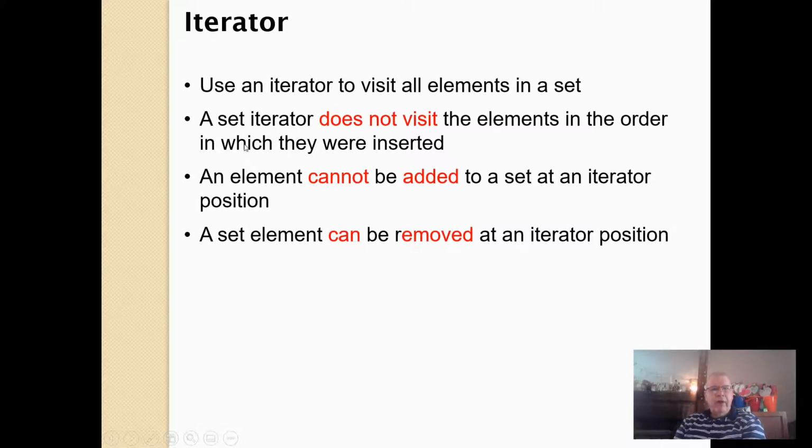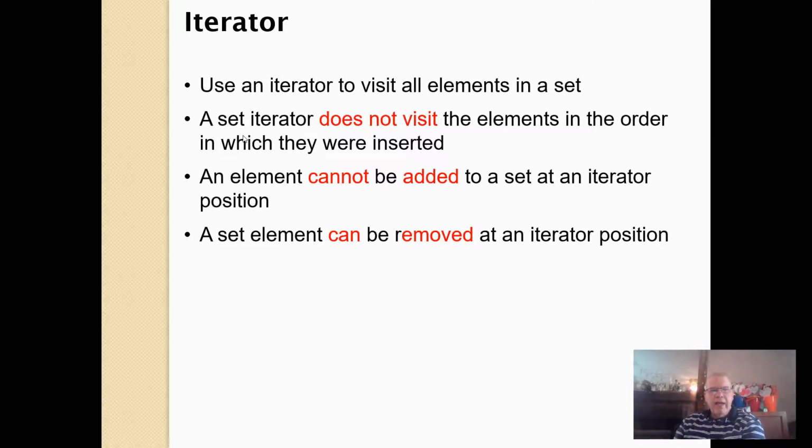You can also use an iterator to visit all the elements in the set. The thing about a set, though, since it is defined as being unordered, is that there's no guarantee of any certain order in which the iterator will find the elements. It is guaranteed to find all the elements because the underlying implementation of a set guarantees that the iterator steps through every element in the set.